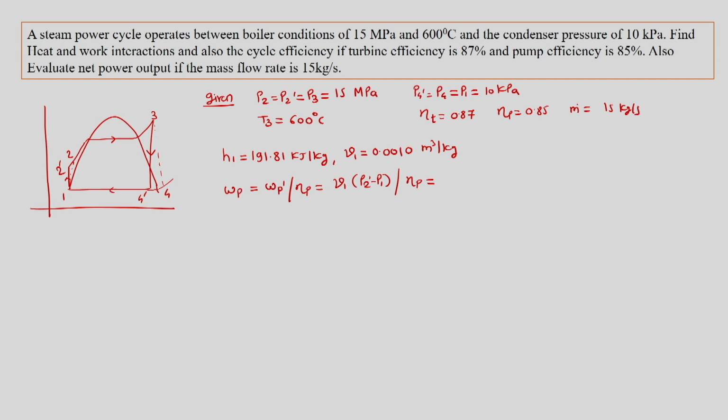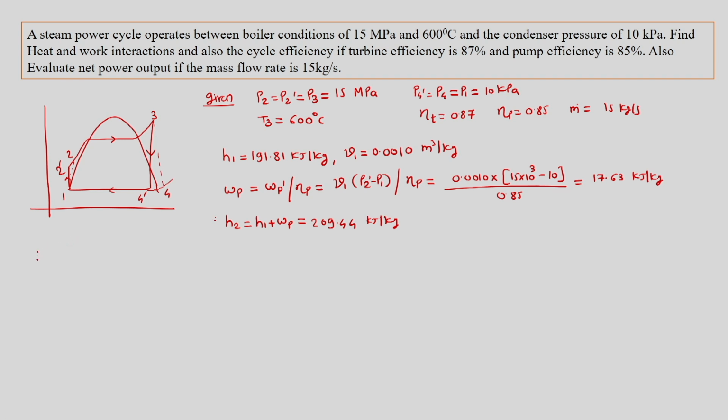So we get 0.001 into 15 into 10 to the power 3 kilopascal minus 10, divided by 0.85, and we get pump work as 17.63 kilojoule per kg. So we can get H2 from here as H1 plus pump work, and it is 209.44 kilojoule per kg.